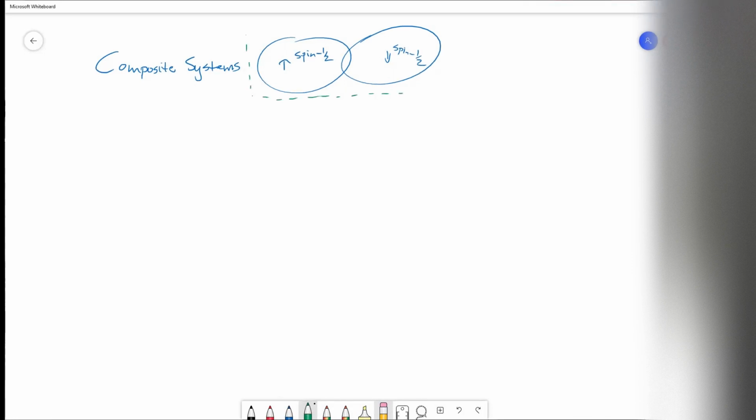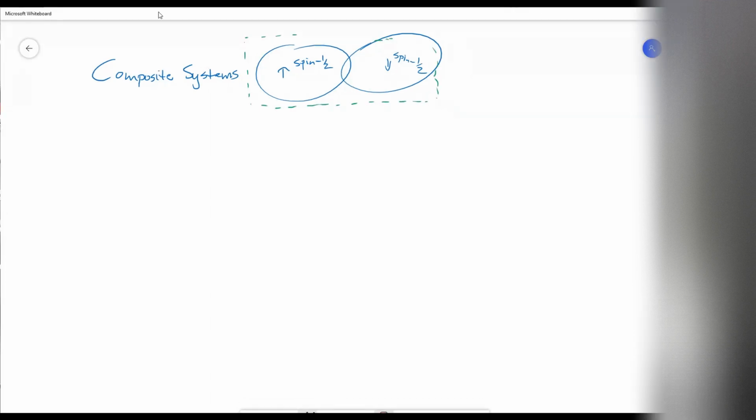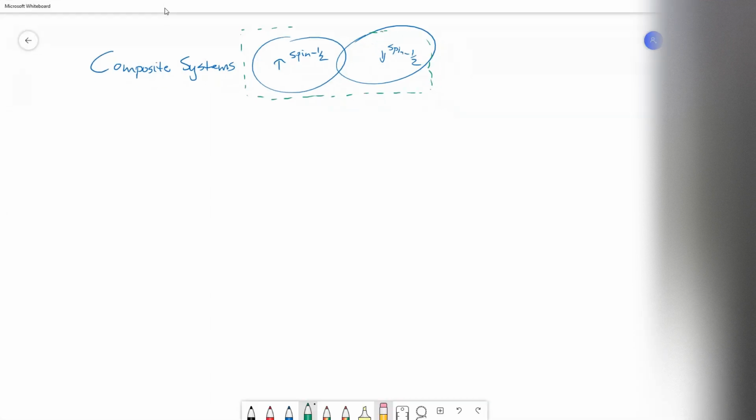In Sakurai, if you're following Sakurai, he doesn't really talk about it this way. Why? Because one way to talk about it is just to talk about combining angular momentum, which is what we'll do later. But we're going to talk about combining systems in general. So again, here is chapter 6 in Bloch.